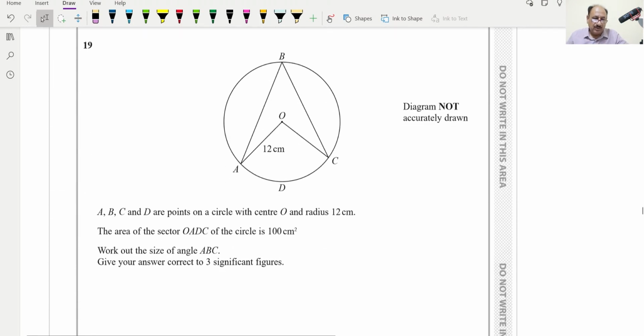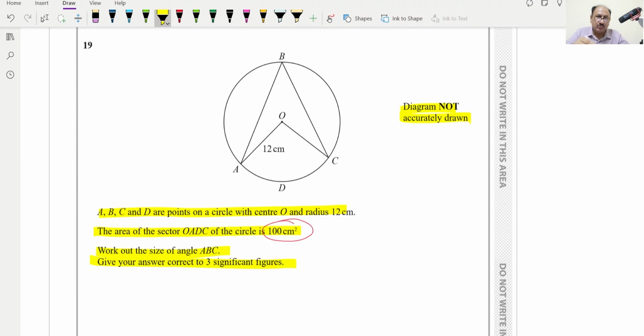Now question number 19. Question number 19 is again a circle theorem question. A, B, C, D are points on the circle, with center O and radius 12 centimeters. The area of the sector OADC of the circle is 100. This is provided. The area of the sector is provided, and they are asking to work out the size of angle ABC.